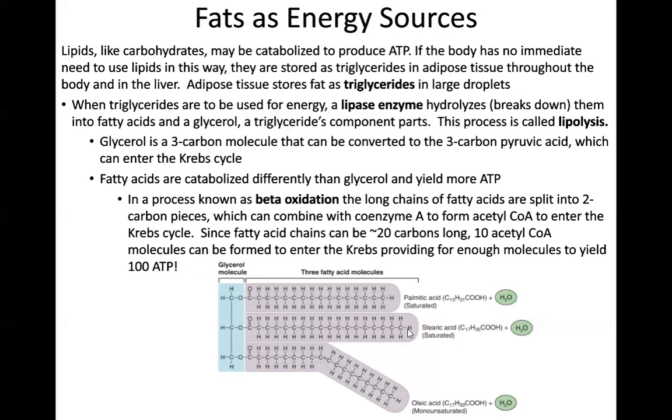Notice there's a whole bunch of carbons, and there's a whole bunch of hydrogens. Actually, there's more hydrogens. But more importantly are the carbons to kind of focus on right now. What we do is a process called beta oxidation, where we come in and we just snip off 2 carbon segments at a time. And then those 2 carbons, you slap a coenzyme A in it, you've got acetyl-CoA essentially that can enter the Krebs cycle.